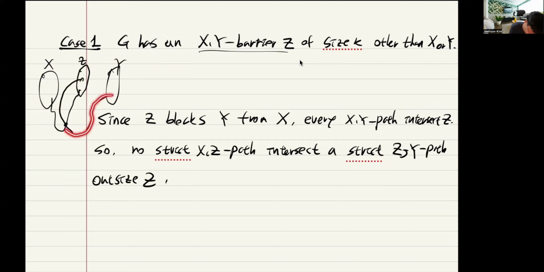Then you could go here and take this path and find a path from x to y which does not meet C, which is a contradiction. So this doesn't hold. It's either that they are disjoint, or they share endpoints in C only.